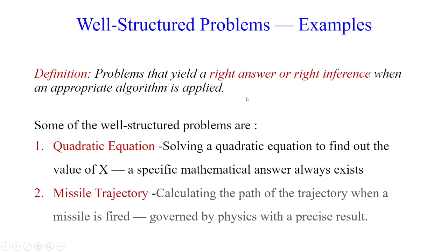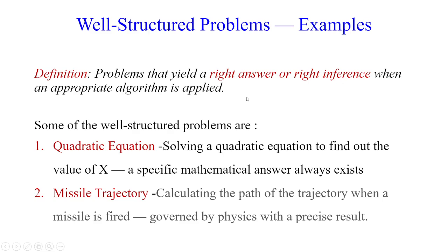The first example is the quadratic equation. When you are asked to find the value of x in an equation, it can be any equation like x squared minus 5x plus 6 equals 0. You can use the quadratic formula, factorization, or completing the square.